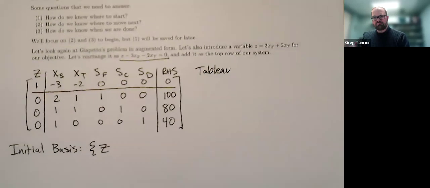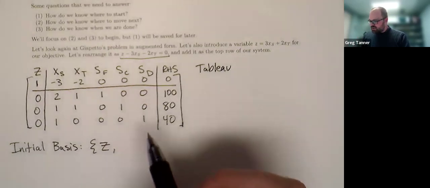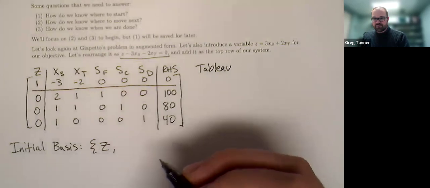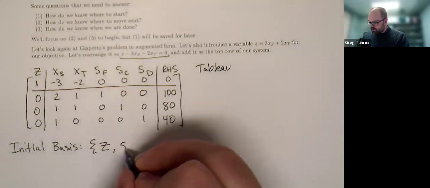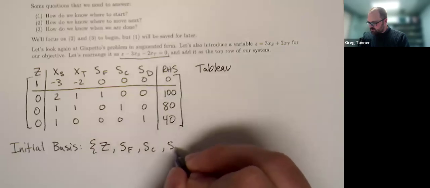Some books implicitly choose z to be in the basis and don't explicitly say that it's in the basis, but I like thinking of z as always in our basis, and then we're going to choose each of the slack variables to be in our basis to begin with. So SF, SC, and SD.